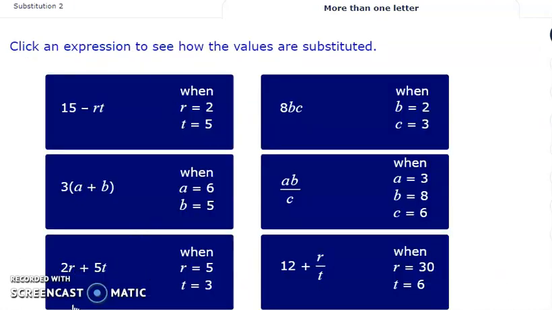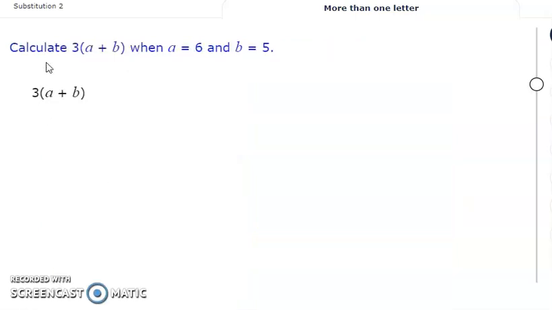Let us take one more example. We can take this example or this example. Let us take this example, 3 under bracket a plus b. Calculate 3(a plus b) when a is equal to 6 and b equals 5.